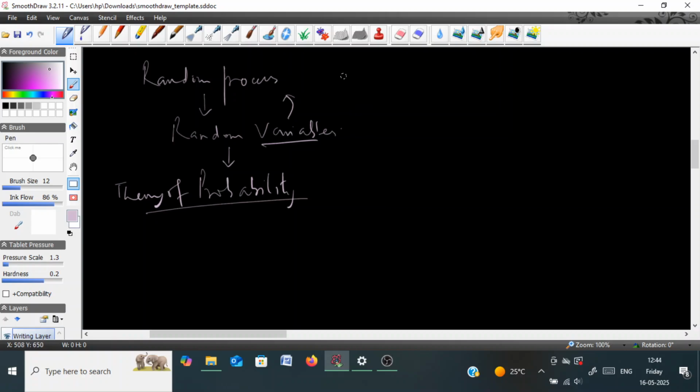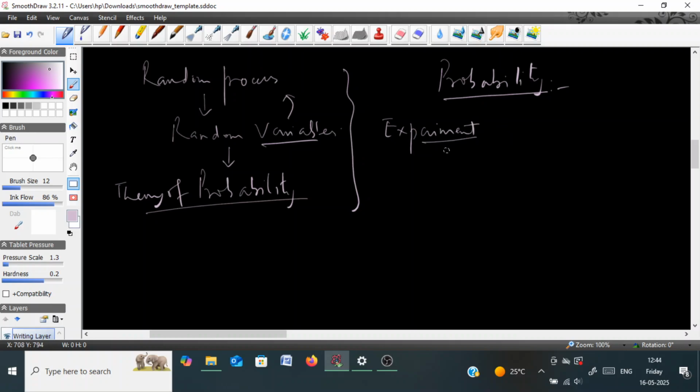Okay, so if you see probability, in the theory of probability, you generally define an experiment, and related with this experiment you have a sample space S. Sample space S is the set of all the possible outcomes of that experiment.